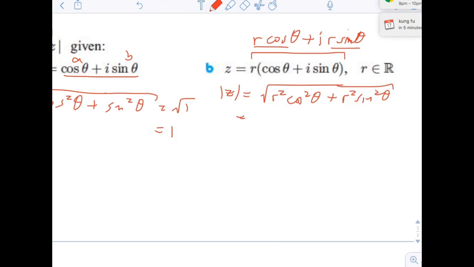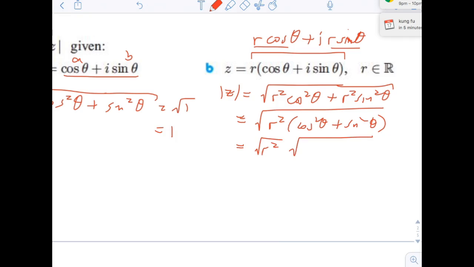And I can simplify it by factoring out r squared, and then I would have cosine squared theta plus sine squared theta. And so the r squared on the outside is the square root of r squared, and cosine squared plus sine squared is equal to 1, right? So we basically end up with r times 1. So we know that the modulus of Z is just r.